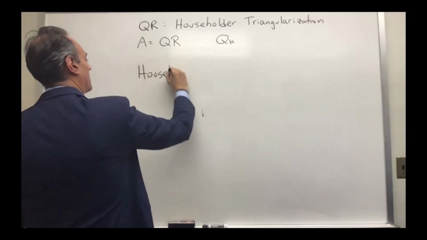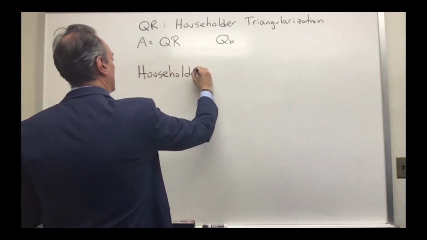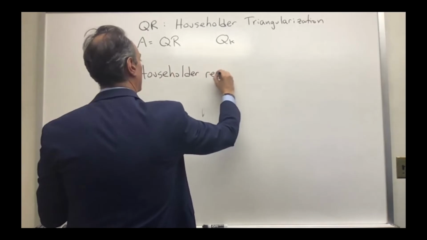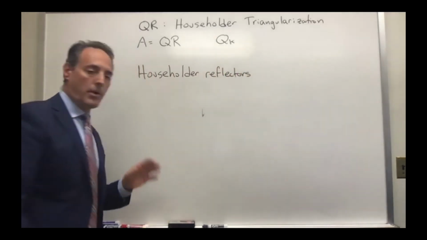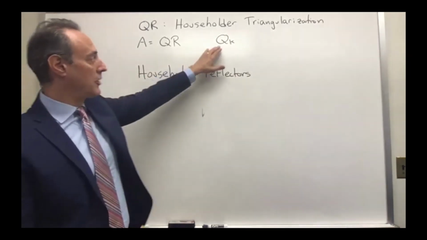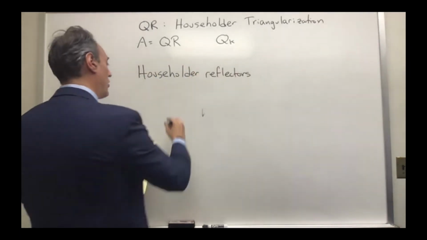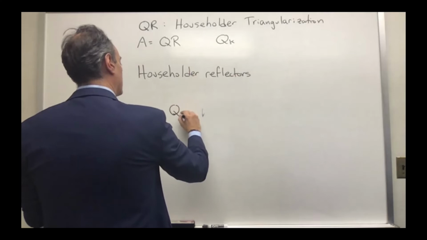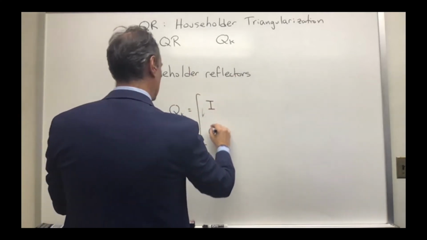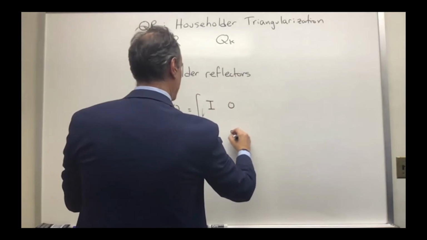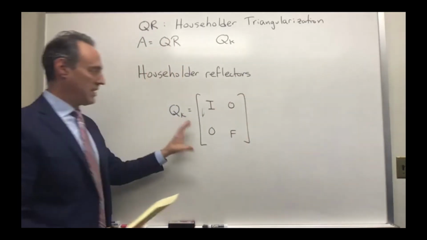What we want to construct is what are called Householder reflectors. And what we're going to do is structure the form of that Q of K. And Q of K is going to look like this. The matrix itself is going to take this form.